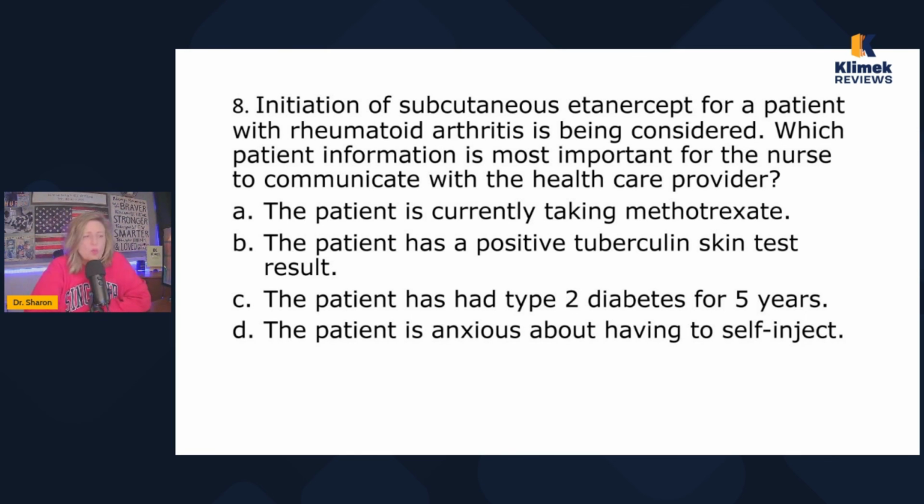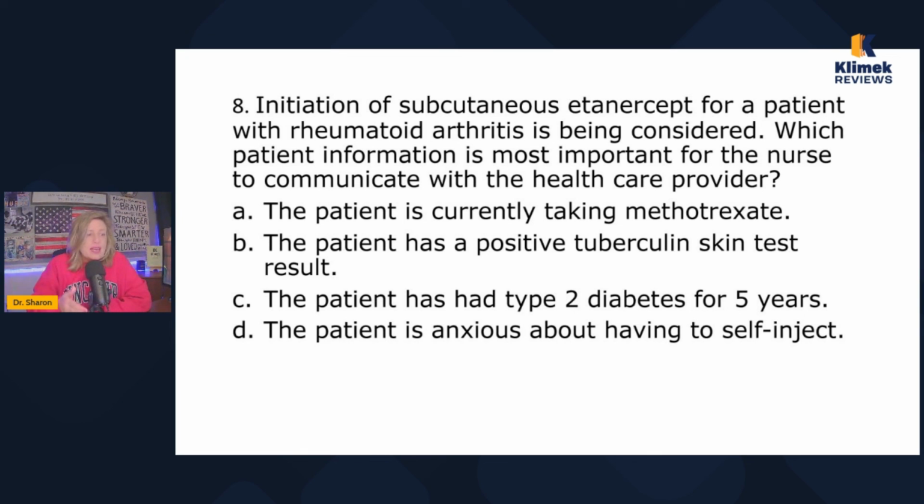All right, so when you get asked about a medication, and then they say, what would you assess for before starting this new medication? You're always assessing for contraindications for that med.